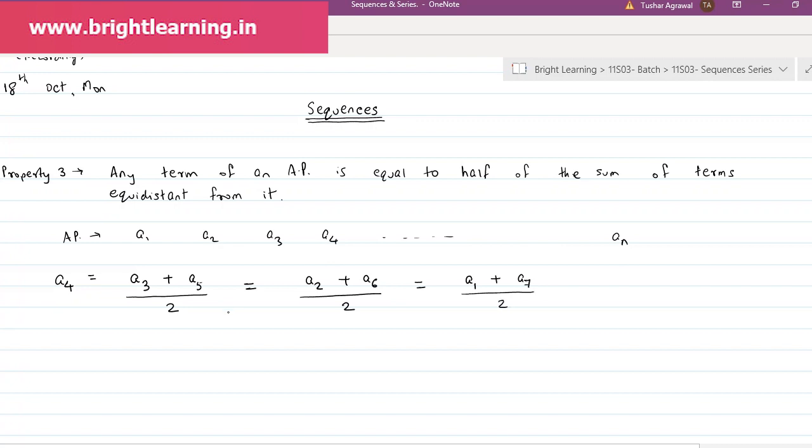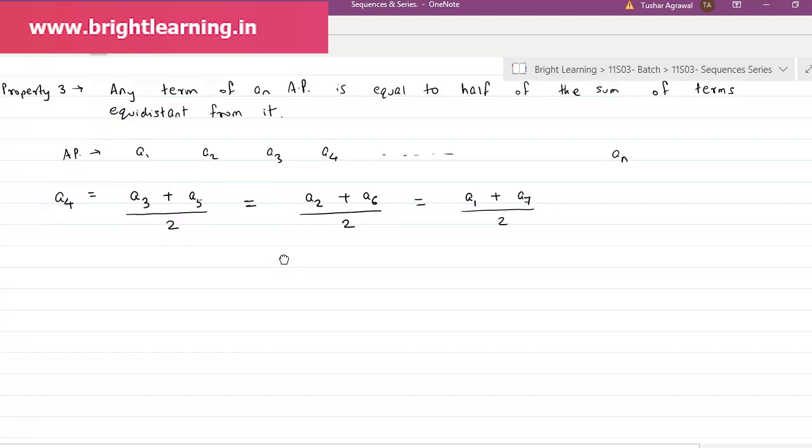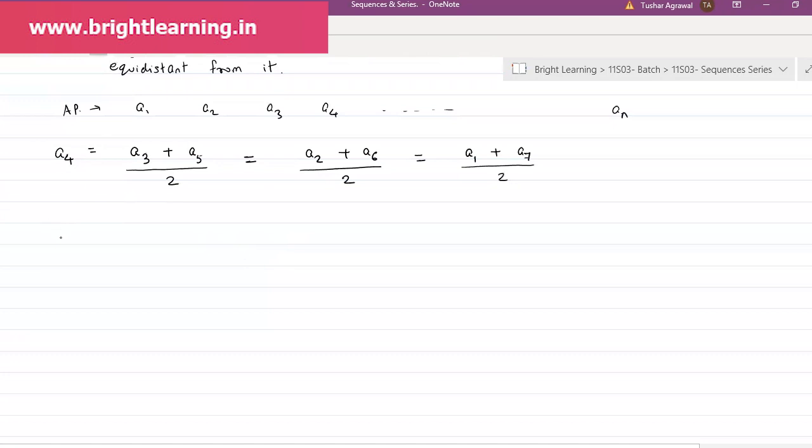The story continues. What's the proof of this property? The proof is very simple. A4 equals A4 plus A4 upon 2.